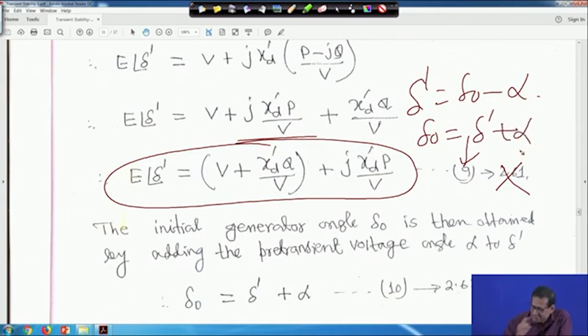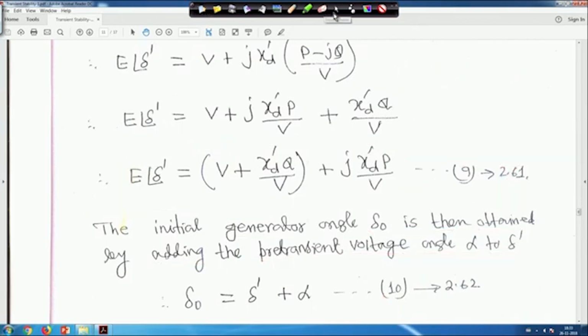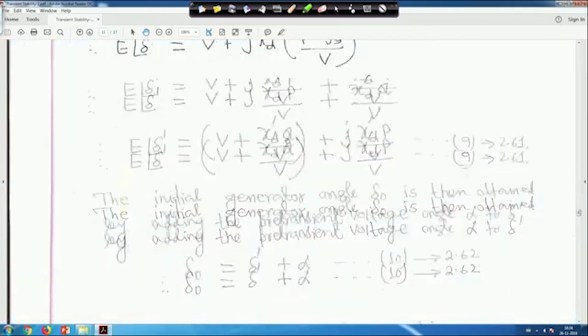The initial generator angle delta 0 is then obtained by adding the pre-transient voltage angle alpha to delta dash. So, delta 0 will be delta dash plus alpha, this is equation 10, right. This is how I told you earlier. So this equation 9 will be required for computation of E and angle delta dash, right.